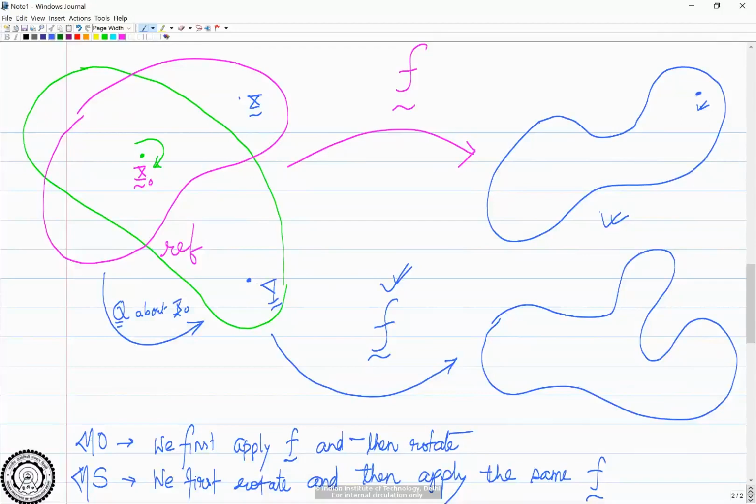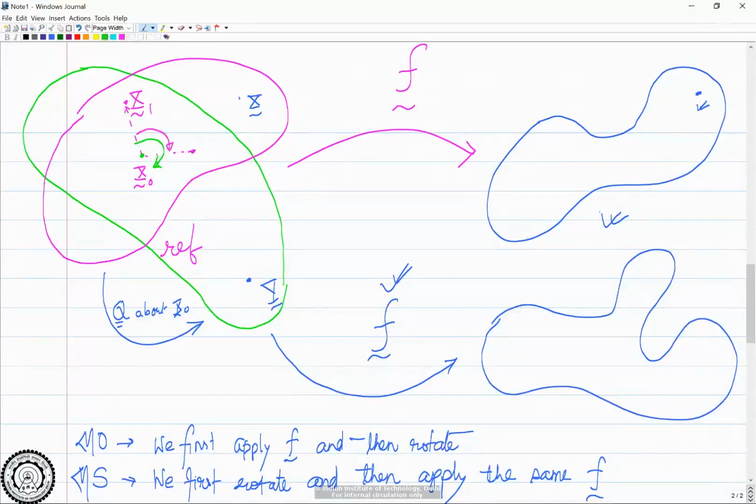So suppose there is a point big X1 in the red configuration. Now you see, when you do rotation about this X naught, then big X1 is going to rotate and maybe it's going to come over here. It rotates like this.